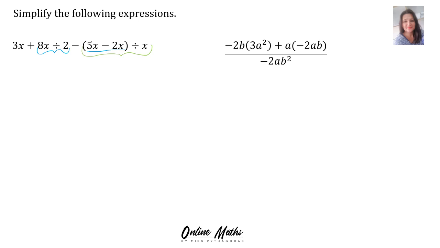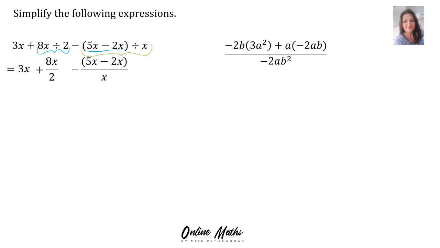So in fact, this sum you can rewrite as 3x, and then the plus 8x divided by 2, you write it like that. And then the next one you write the minus, and then 5x minus 2x on top as the numerator, divide by x. And now you can work with your sum.